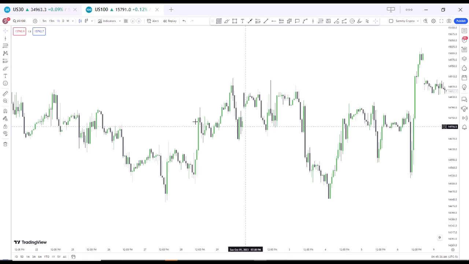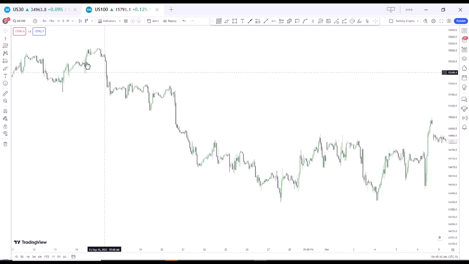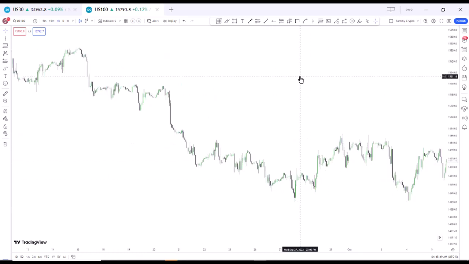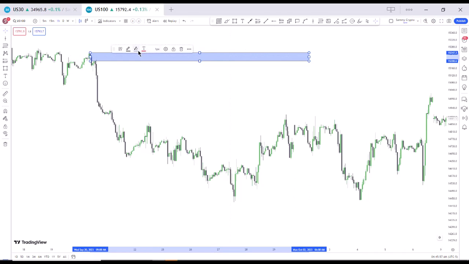So first, looking at this chart, you can see we have price coming from a premium, selling down to a discount. Then we have a clean, I think people call this a supply, if I'm not mistaken.